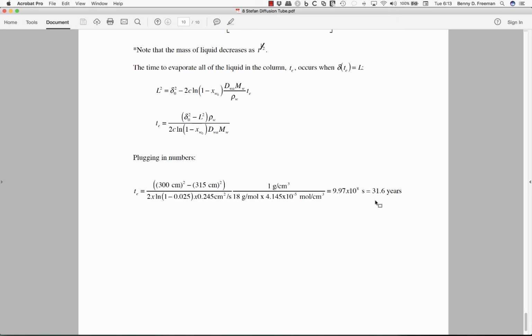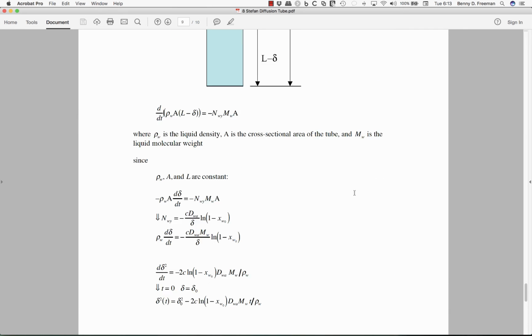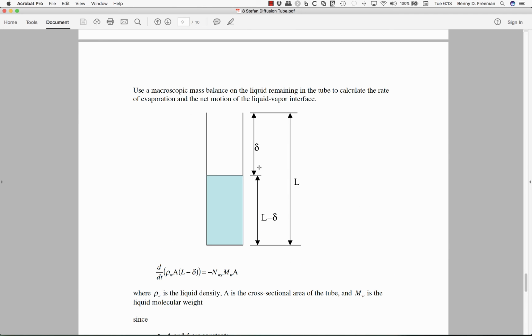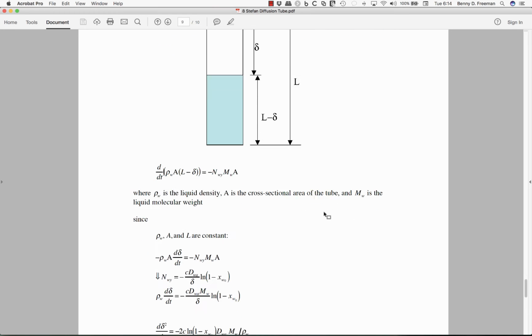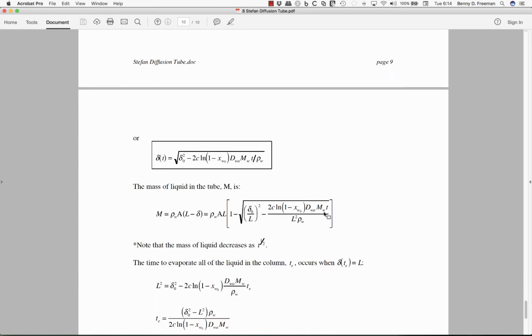So in our first cut analysis, we just calculated the maximum rate of evaporation, which is the rate of evaporation at the beginning of this experiment when delta was equal to 3 meters. If we just use that flux to calculate the time to evaporation, we got a value of about 31 years.